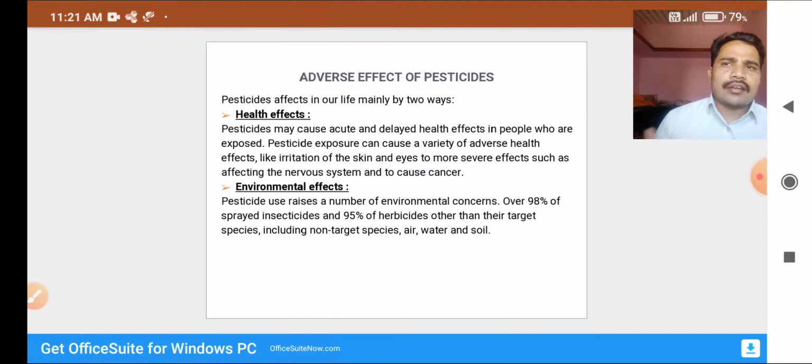Whenever pesticides are used, they may cause acute and delayed health effects in people who are exposed. Commonly, pesticides have a highly intolerable smell.